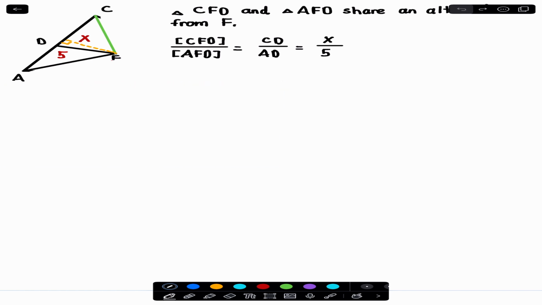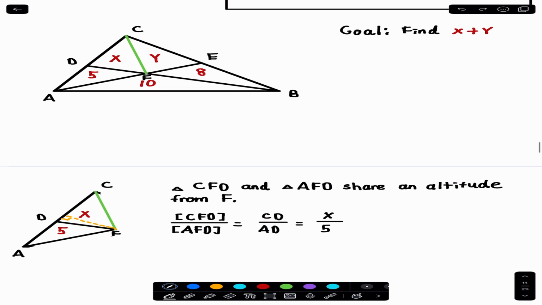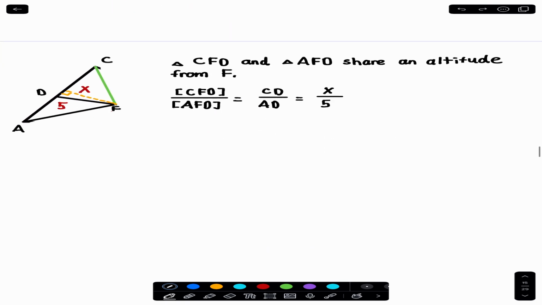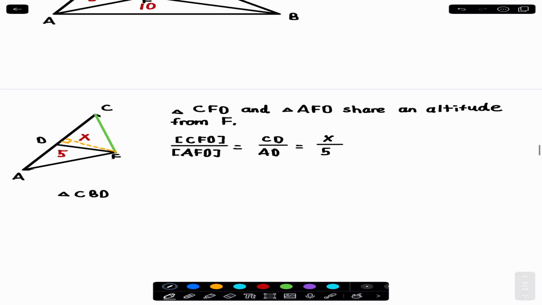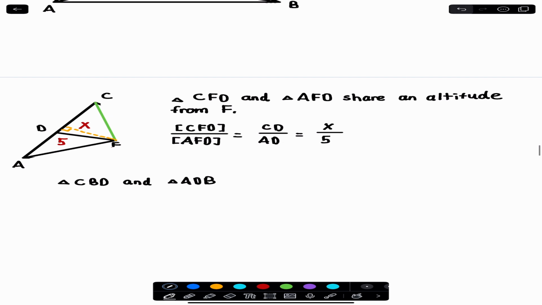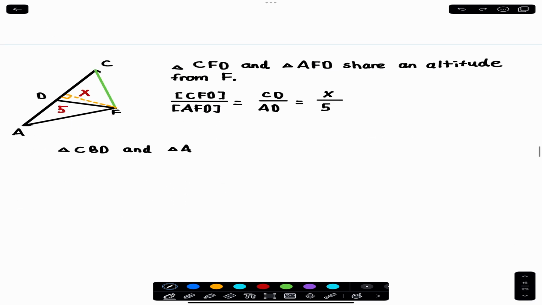Because it's taking up so much space, I think we'll just refer to the one above, because it's pretty much the same. We also know that triangle CBD and triangle ABD, let's keep it consistent, share an altitude from point B.